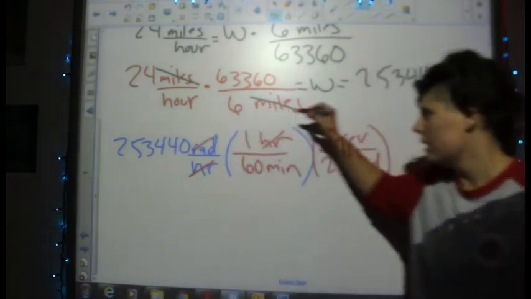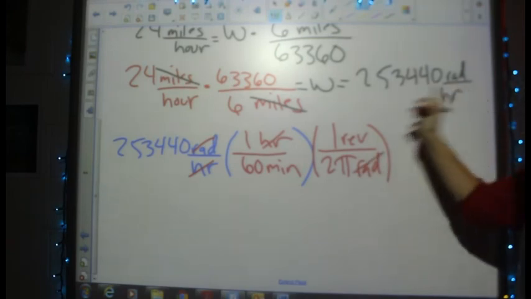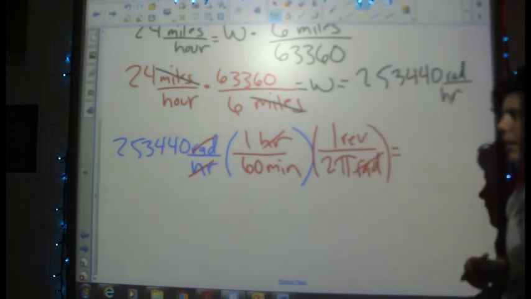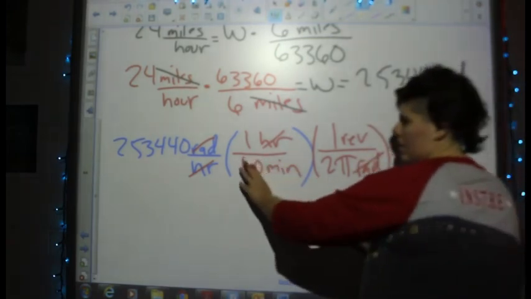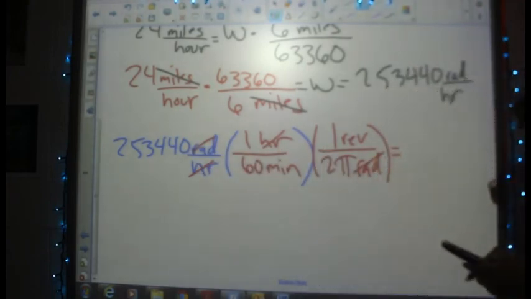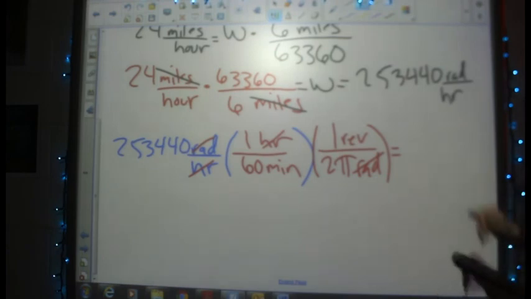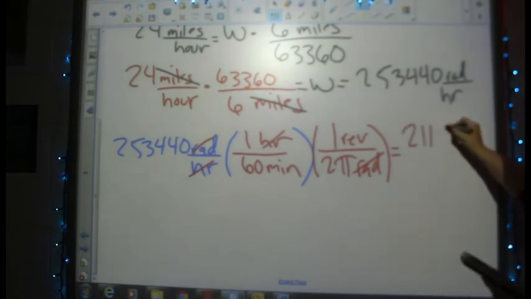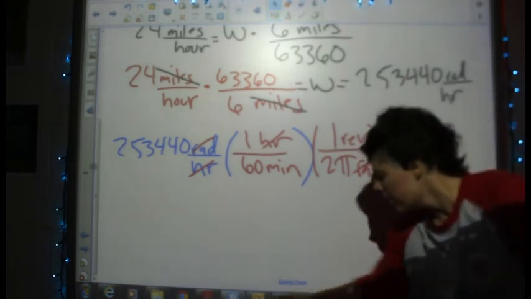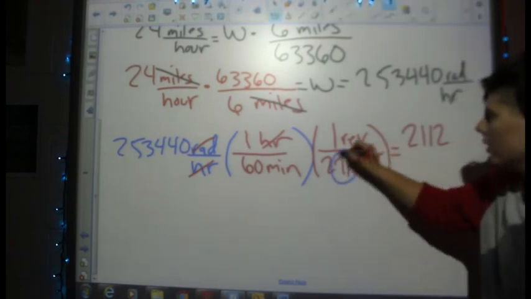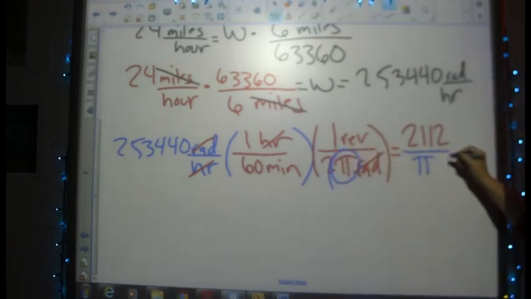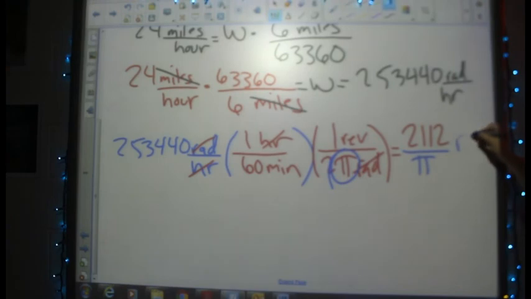So the radians on the top cancel with the radians on the bottom. And now I can divide through and get my answer here. 60 is on the bottom as well as my 2 and my pi. So I can go ahead and divide. I'm going to divide by 60 and then divide by 2. So I wind up with 2,112. Look out, I still have a pi on the bottom, so I'm going to leave my pi in my answer. I want that exact answer there.